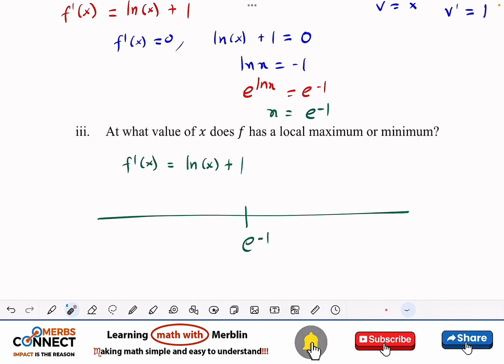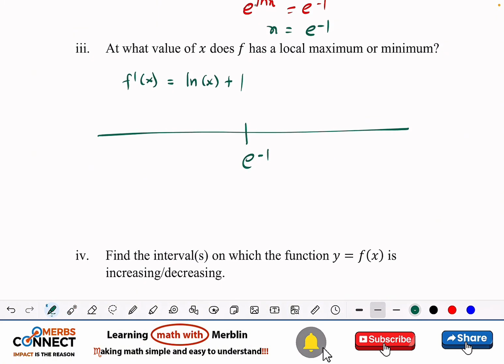So what is e to the power minus 1? So e to the power minus 1 is basically the same as, let me say, 1 divided by e, right? So what is 1 over e?